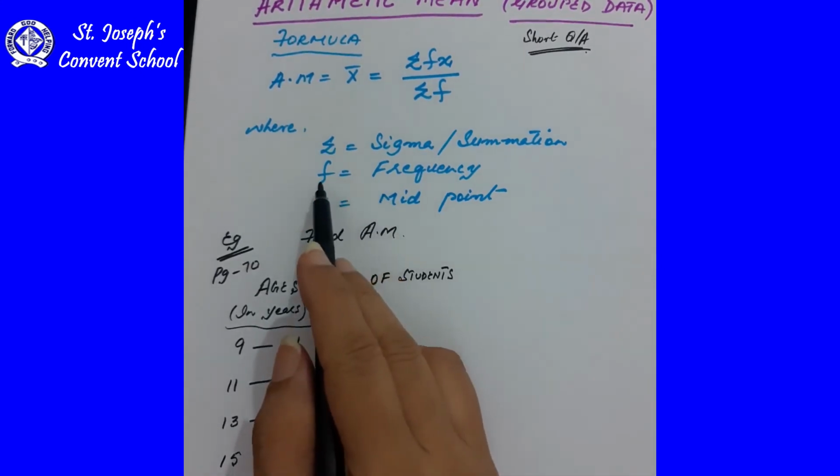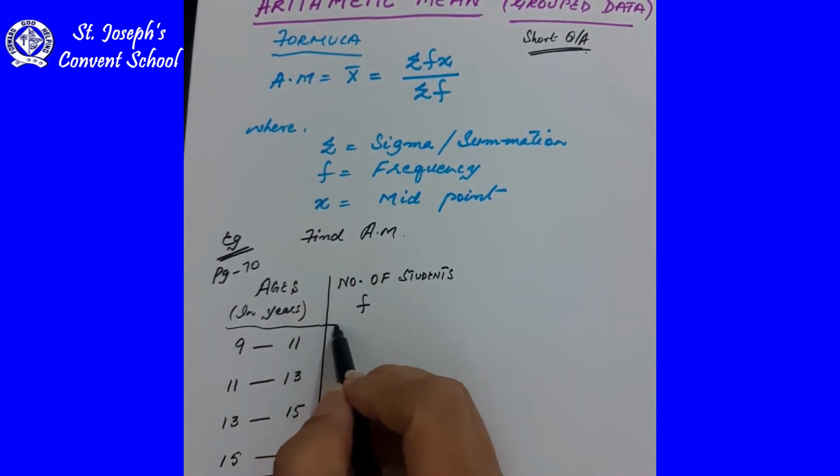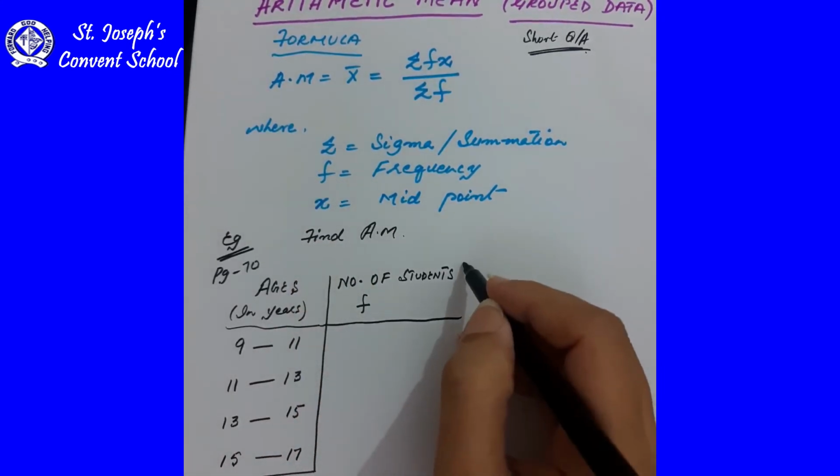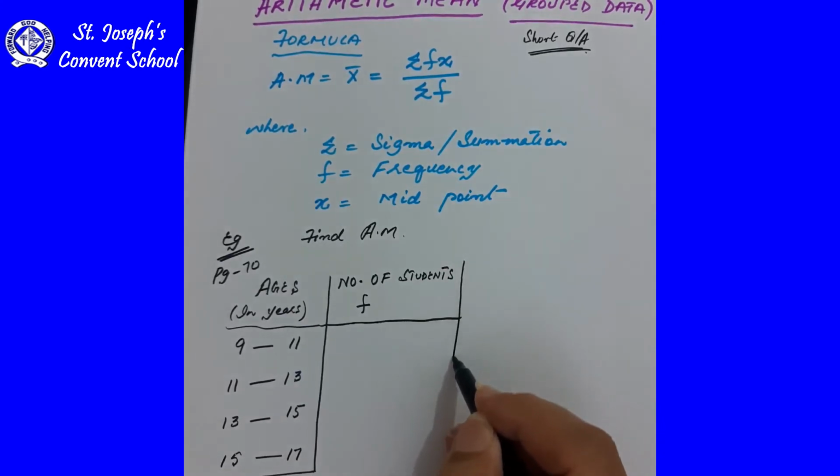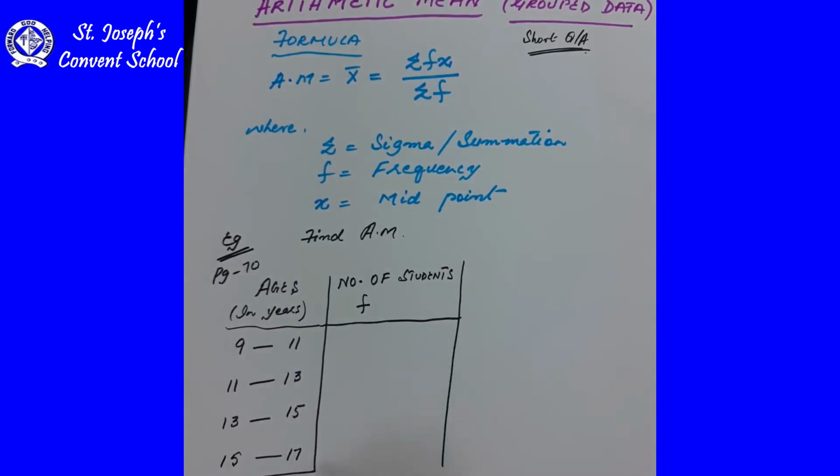This is what we have used in the formula, F. It is not written in the question. So in the question only these two columns are given. The second column, remember it, is always known as the frequency. In the first column groups are given, and the second column is the frequency column.